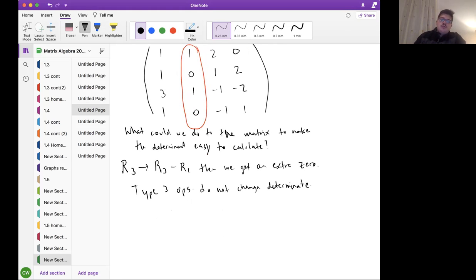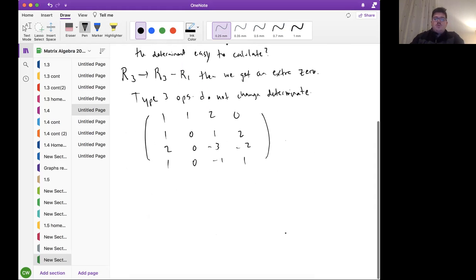Okay, so let's do row 3 minus row 1. So we have 2, 0, minus 3, and minus 2. Okay, so why is this so nice?